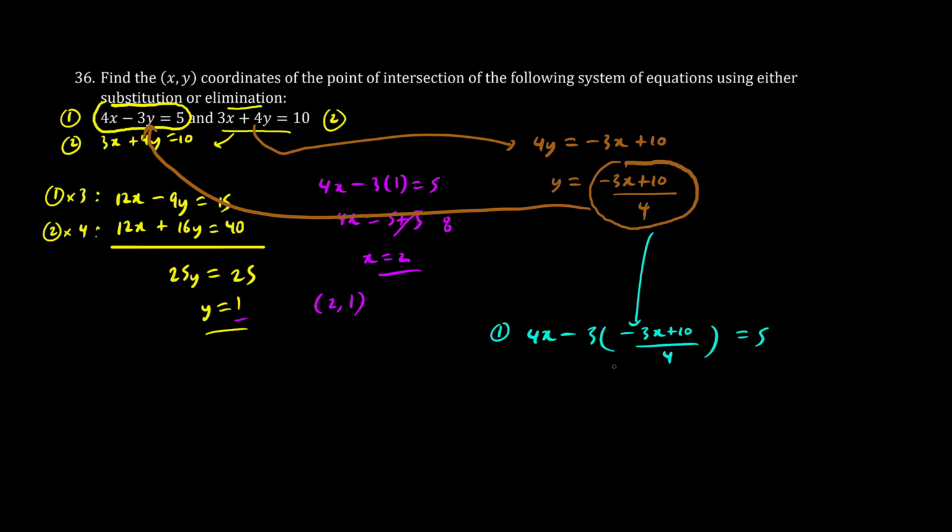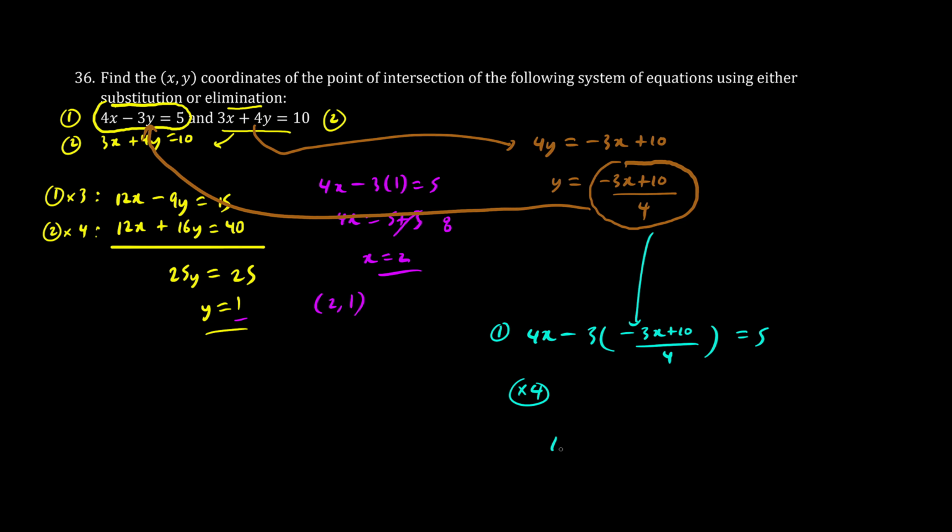So this is looking a little bit messy, but we can just continue to concentrate and get the correct answer. I don't like this denominator here, so why don't we multiply each part by 4?